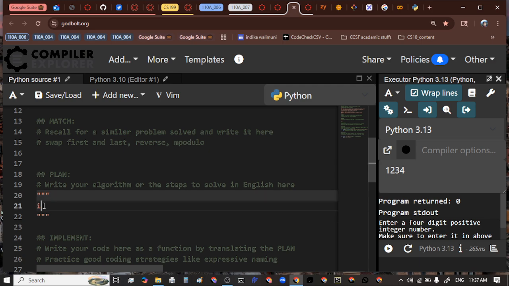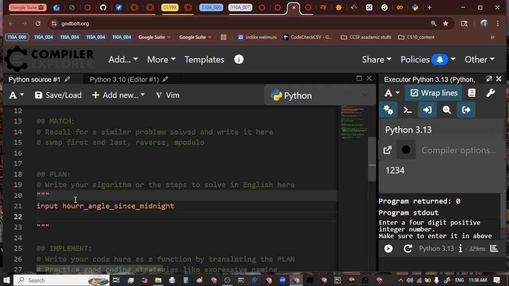Input is our angle, not alpha, since midnight. That's the input.